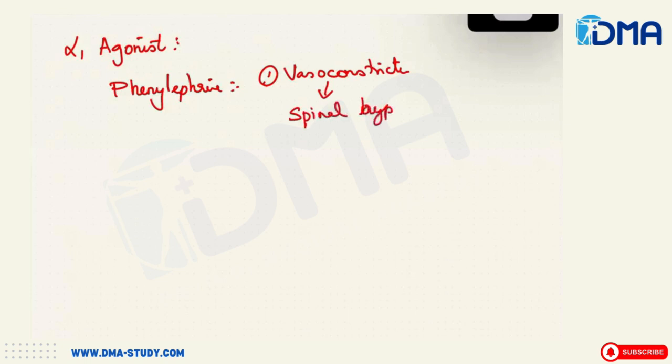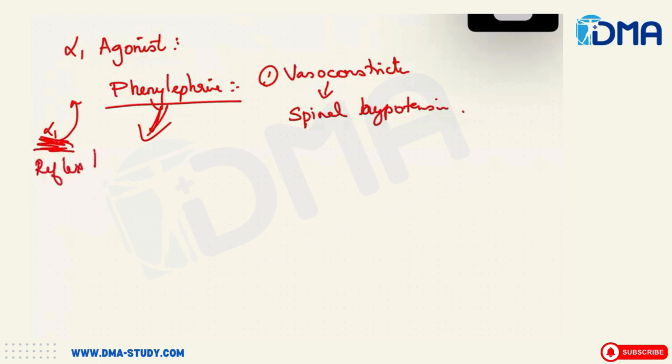After giving spinal anesthesia, you have hypotension, right? The problem with phenylephrine is, as the alpha 1 is constricted in the vessels, this sends a signal to the brain, and thereby the brain gives a reflex bradycardia.